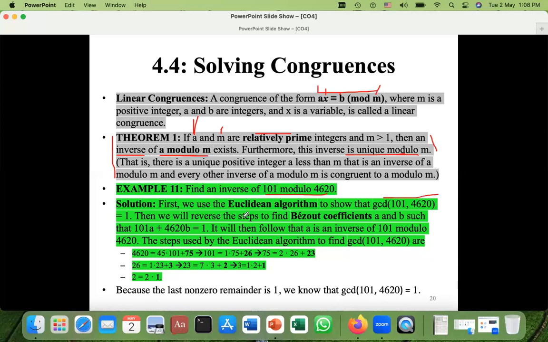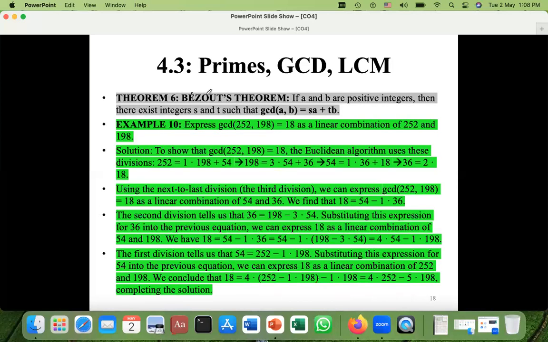The second step is to use the Bezout coefficients, and how to find the Bezout coefficients was discussed in the previous lecture.